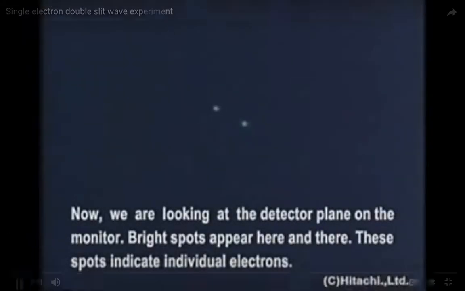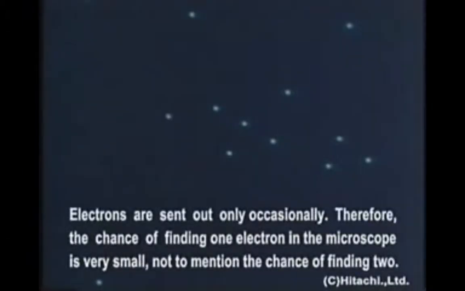Now we are looking at the detector plane on the monitor. Bright spots appear here and there. This is the double slit experiment with electrons instead of light. Electrons are sent out only occasionally. Therefore, the chance of finding one electron in the microscope is very small, not to mention the chance of finding two.